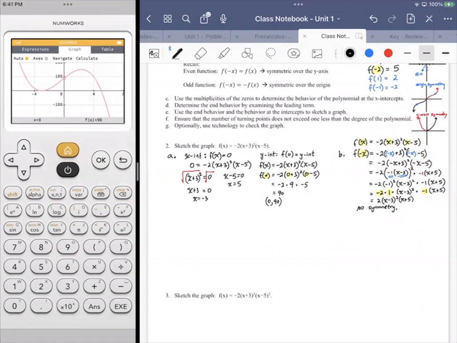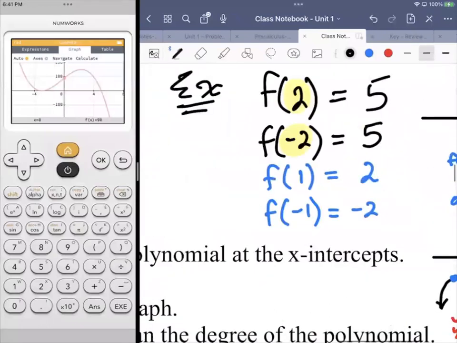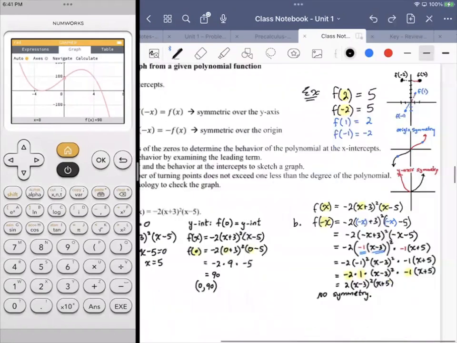Like if you don't want to manipulate the whole function wholesale, you plug in basically what I did up here. Plug in a 2, plug in a -2, plug in a 1, plug in a -1, and see what you get. Either the numbers will be the same, exact opposite, or different in some other way. That would be y-axis symmetry, origin symmetry, or no symmetry.